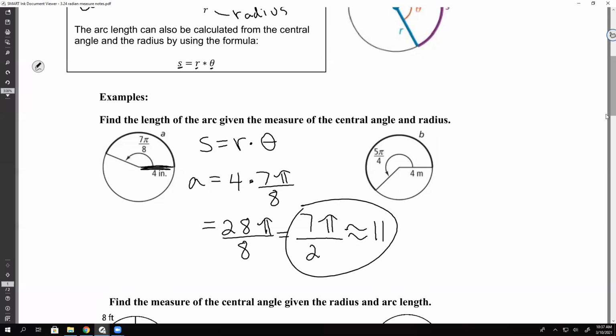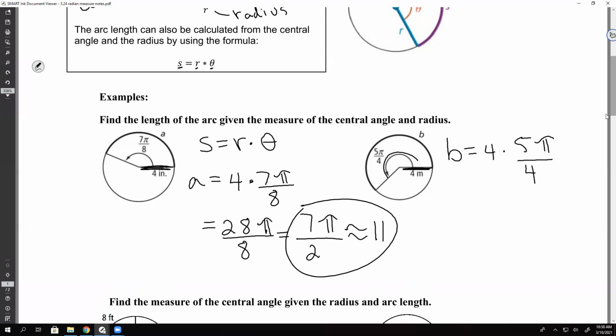Next example. Again, we need to find the arc length, so we take the radius and multiply it by this angle. So arc B is equal to 4 times 5 pi over 4.